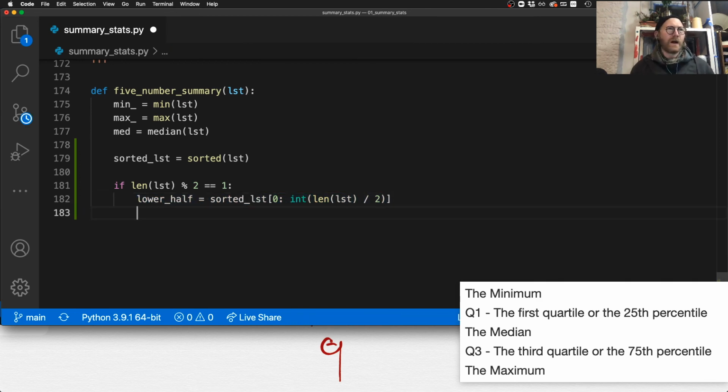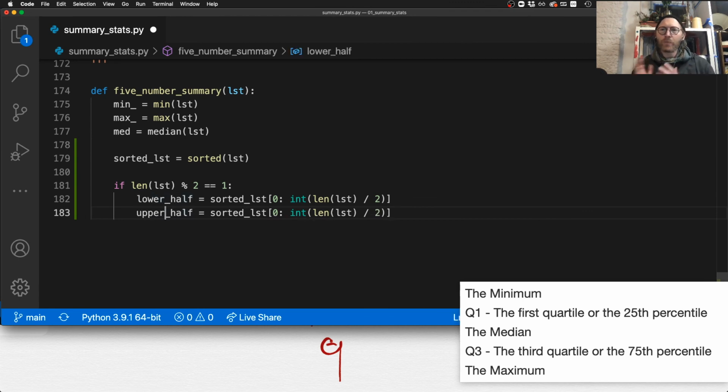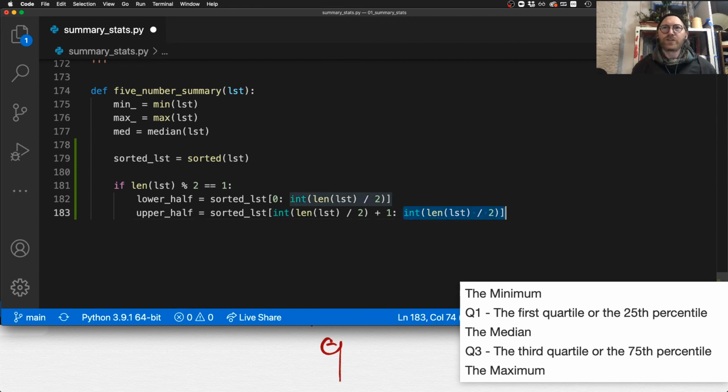We can modify this. I'm just duplicating that line of code. And we're also going to get the upper half, right? The upper half of the values. So this is just going to be the sorted list, and we're going to start here, and go +1, right? Because we don't want to include that middle value. And we're just going to take that to the end.